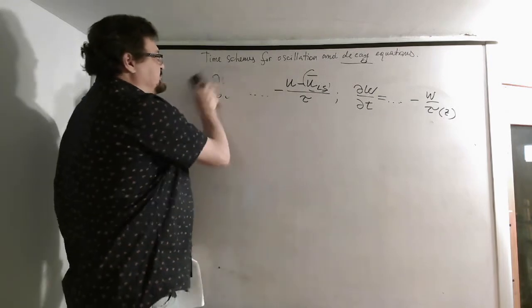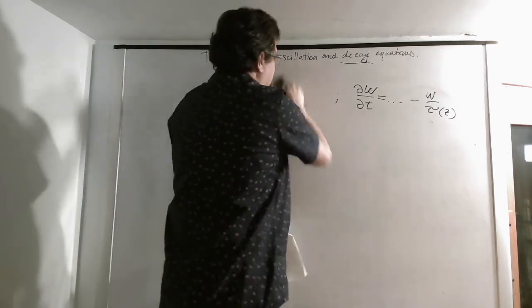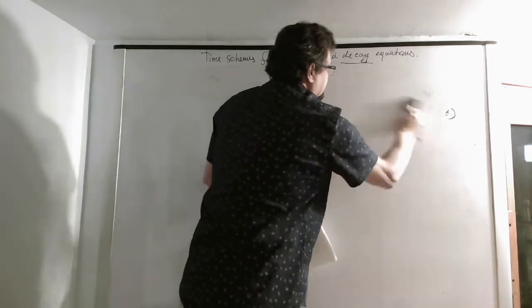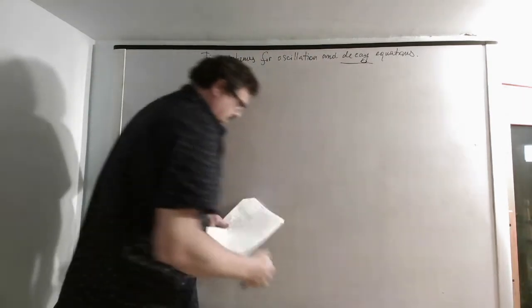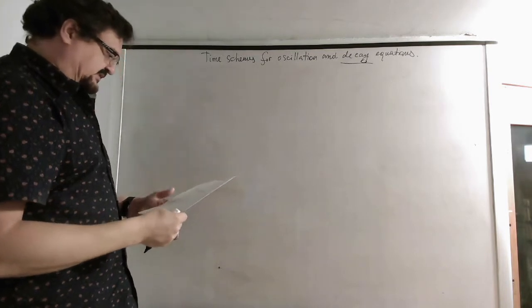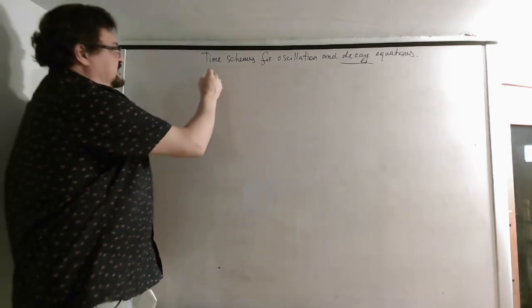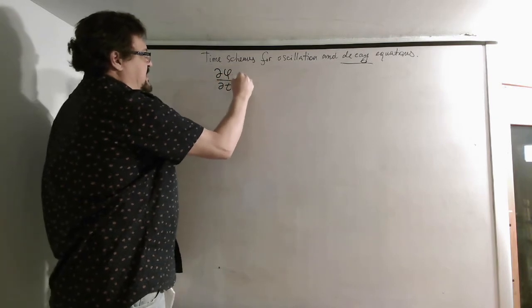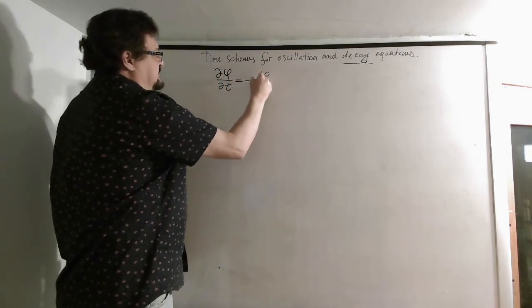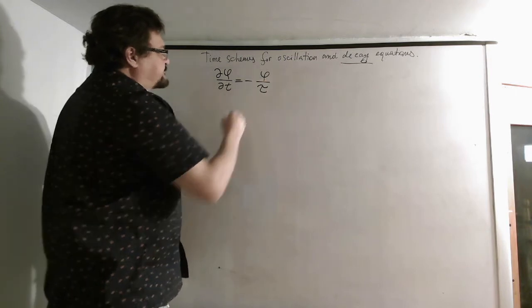So we need to consider which terms affect time stability and impose some limitation on the time step. Let's consider the decay equation. Generally it's written as dφ/dt equals minus φ divided by tau.